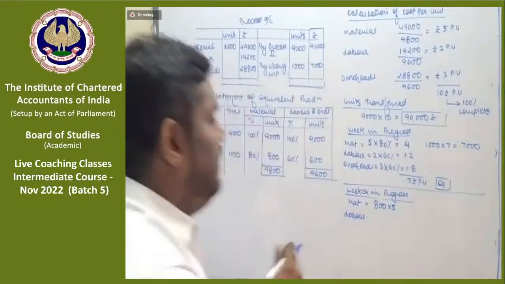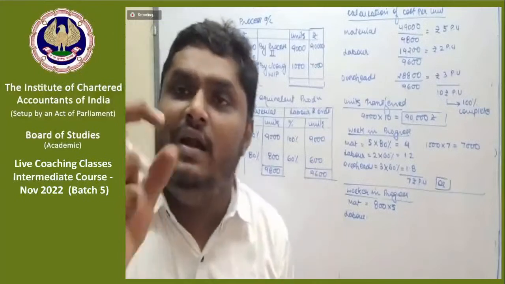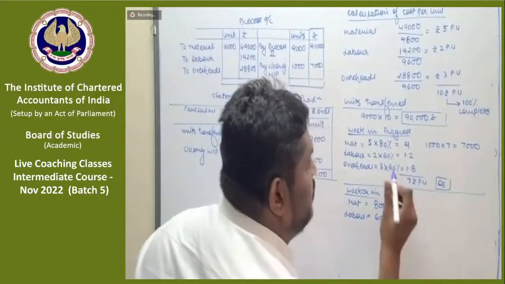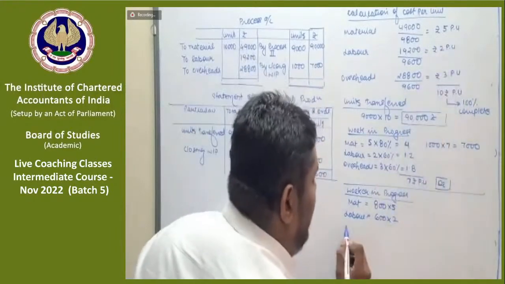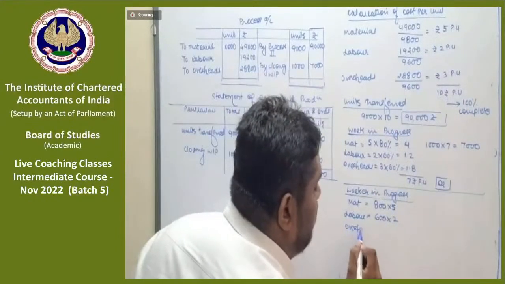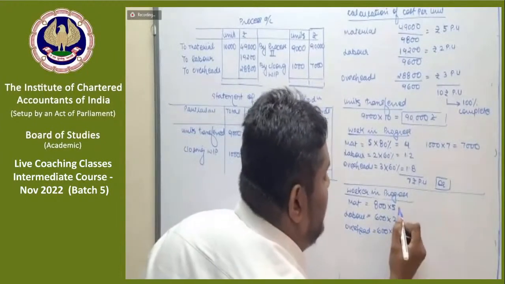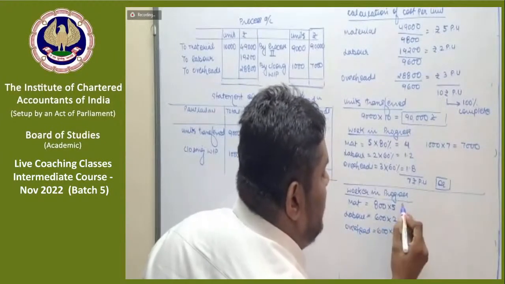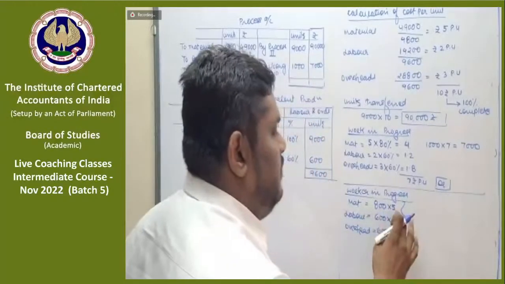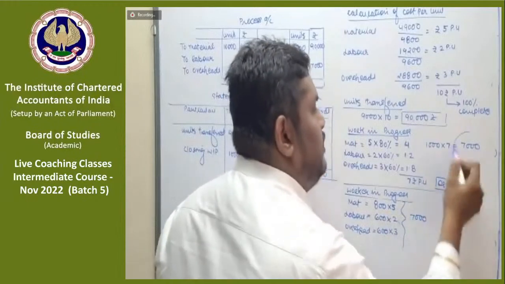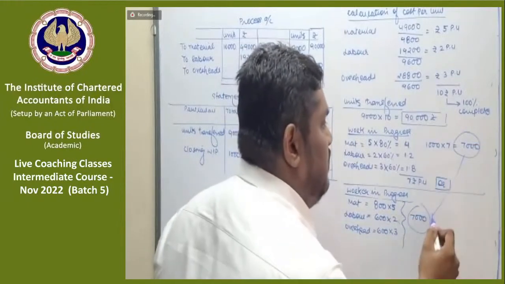In case of labor, 600 units are 100% complete. So 600 into 2. And in case of overheads, 600 units that are 100% complete. So this is how we'll get 7,000. So both these approaches are correct.